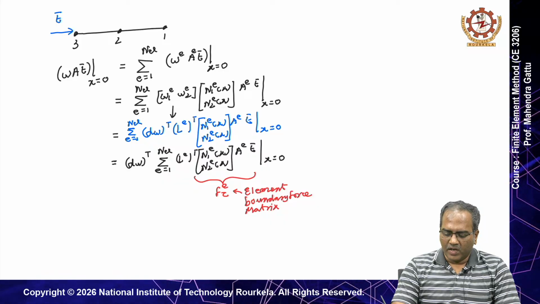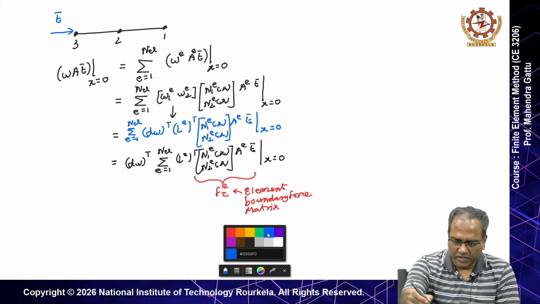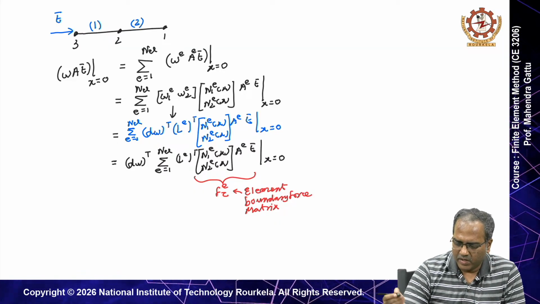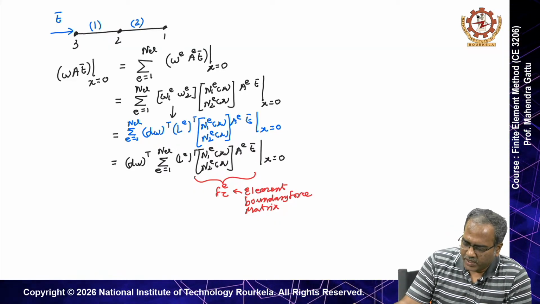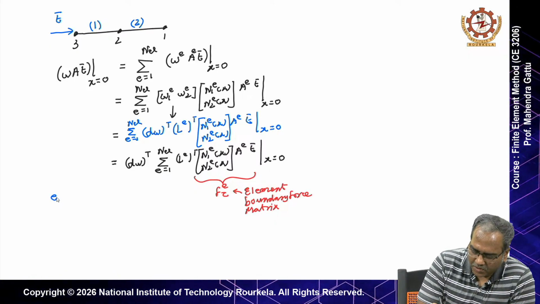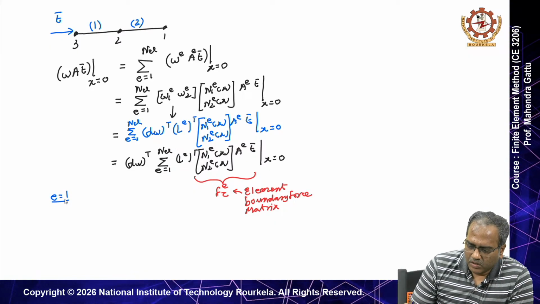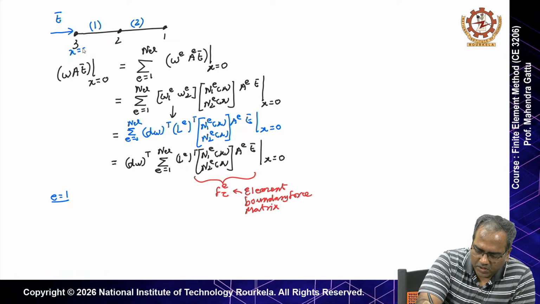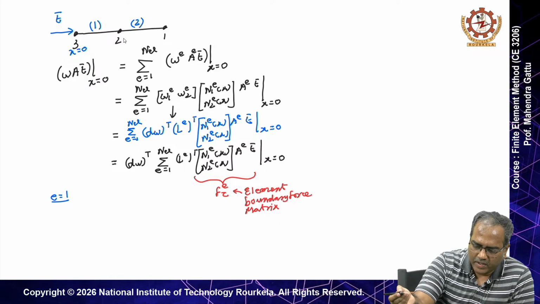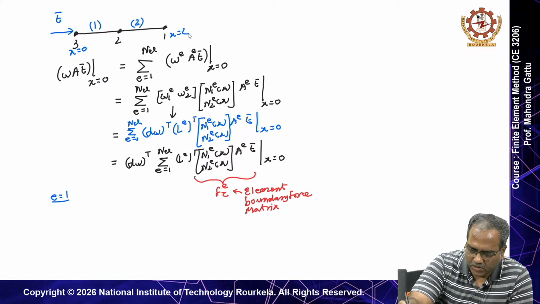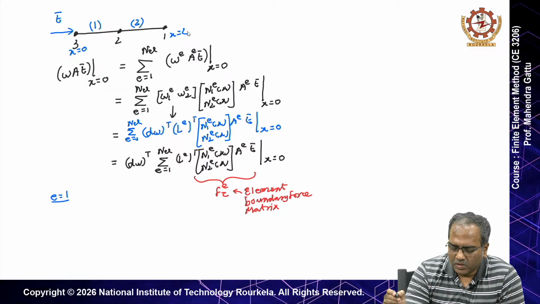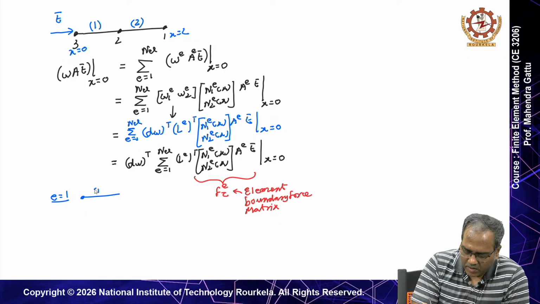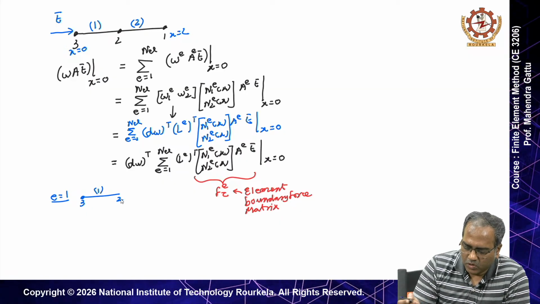So, let us implement it for this 2 node element and see what we get. It is easy. Let us take element 1, E equals 1. What happens? For element 1, node 3 corresponds to x equals 0, and node 1 corresponds to x equals L. Okay. So, for element 1 we are working with global nodes 3 and 2.